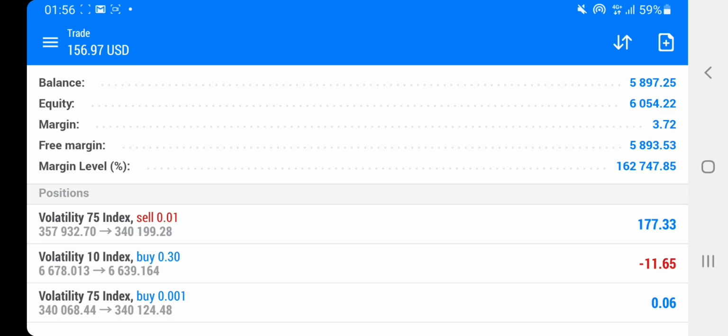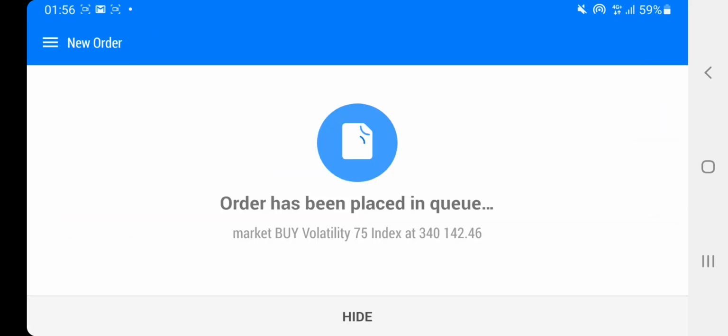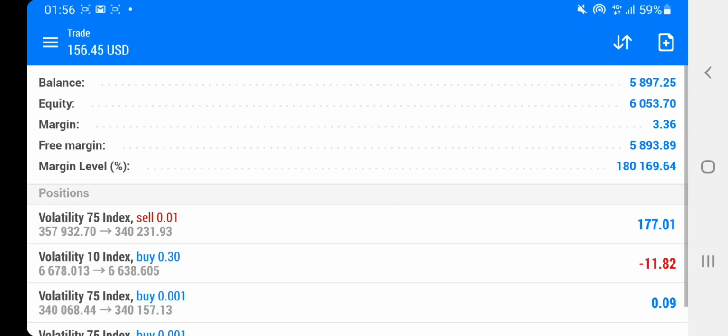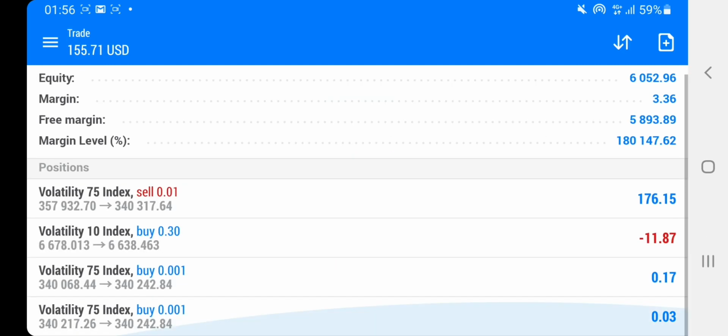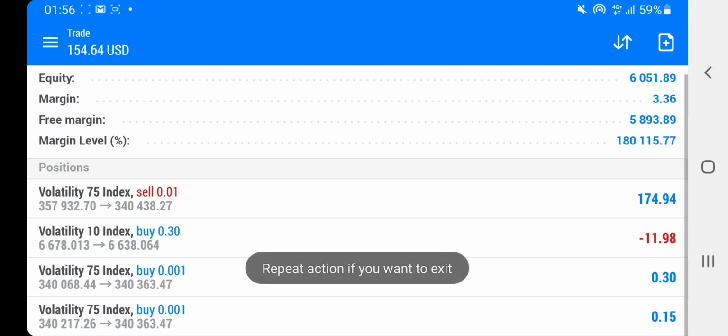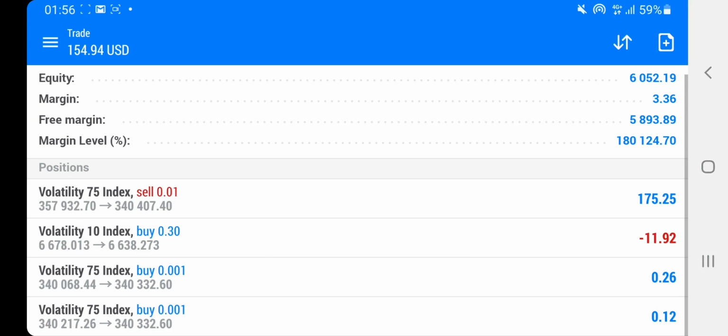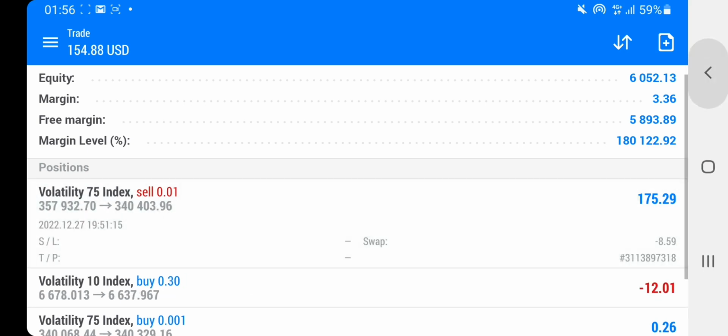That would do 2 entries. I've been in the market for a while. I would do 2 entries. Now this is just for educational purposes only, ladies and gentlemen. So as you guys can see, the profits have already started coming in because we are using the overbought and oversold strategy.